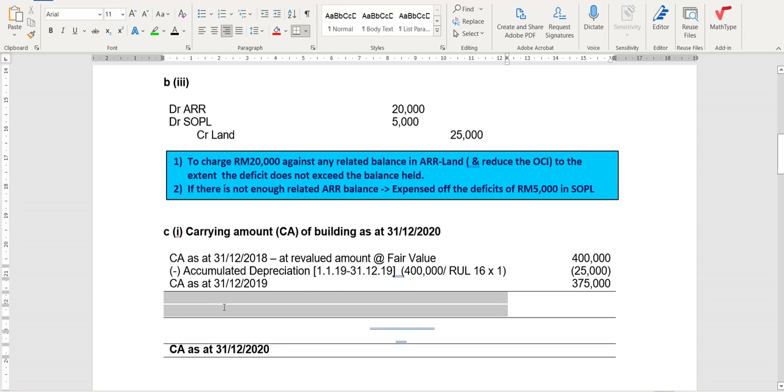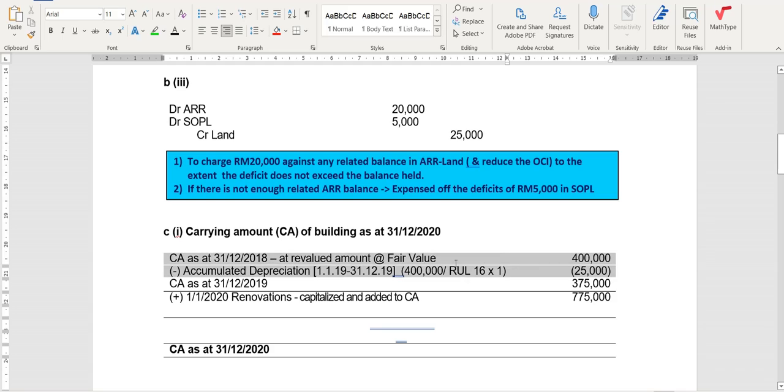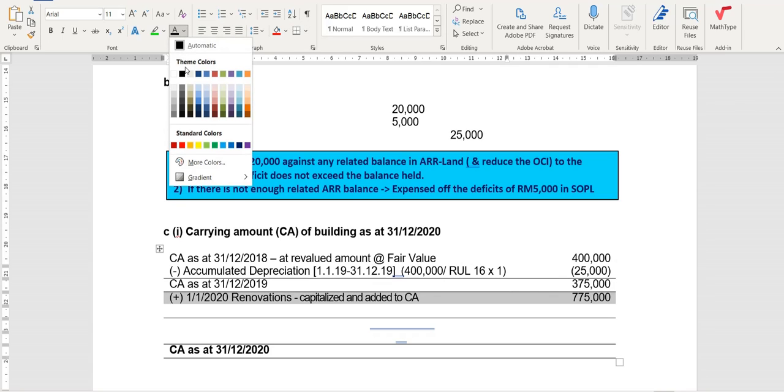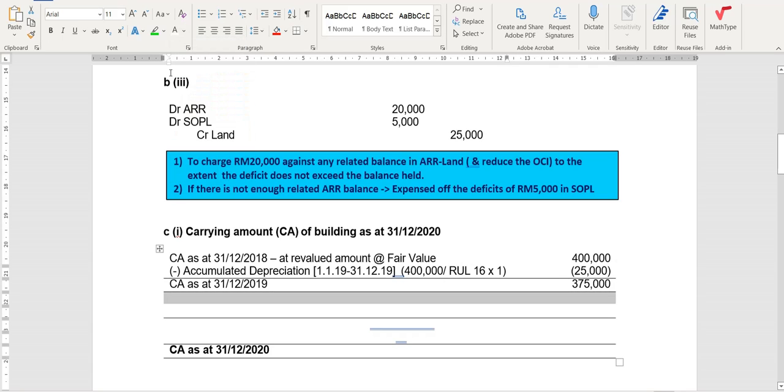Next one is to find out the renovation. So the renovation that was added to the carrying amount was actually 75,000. So we are going to add up the renovation, 75,000, and that will be added to the carrying amount of the building.